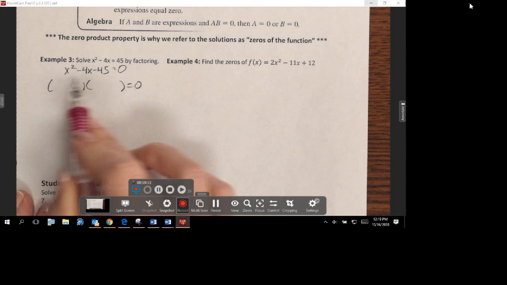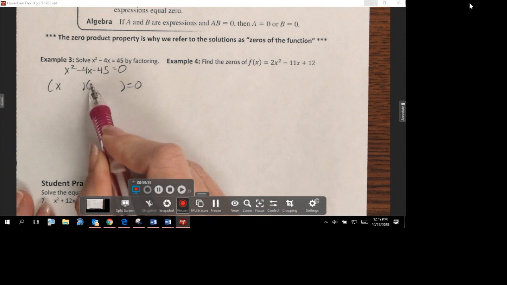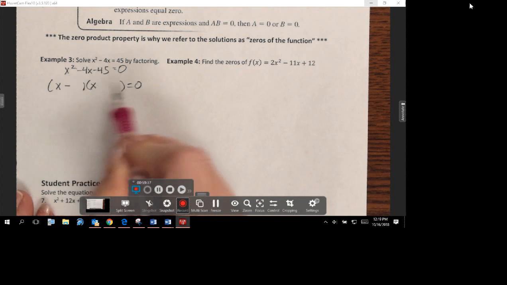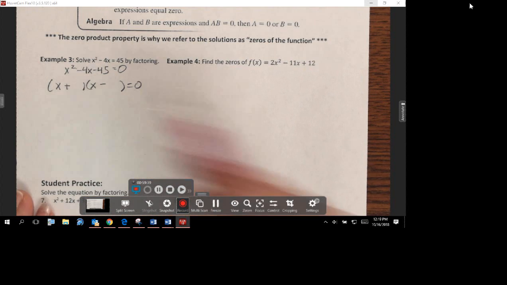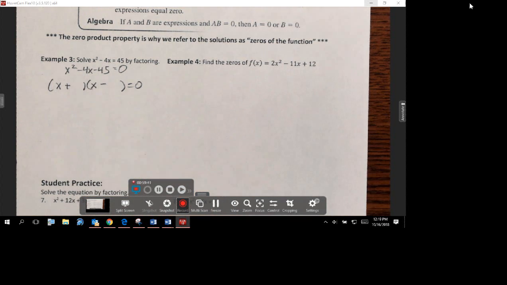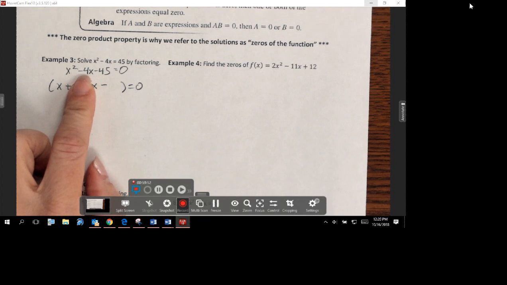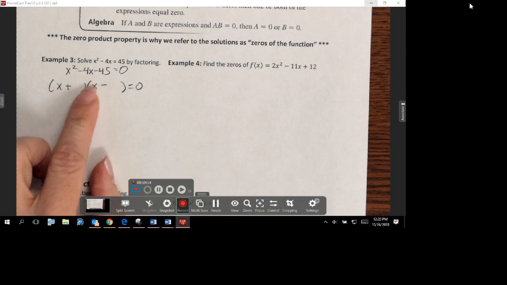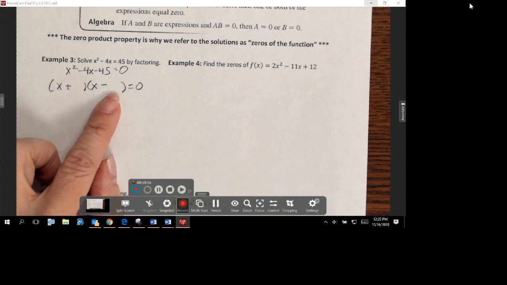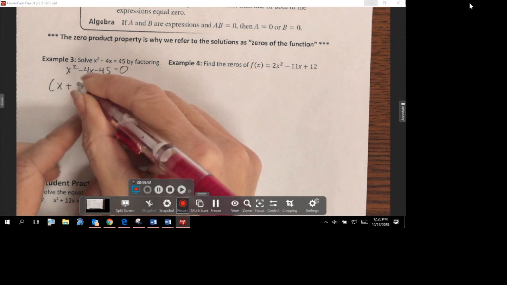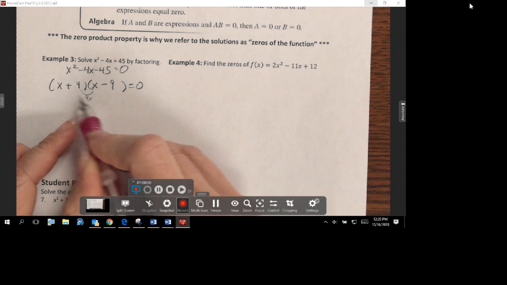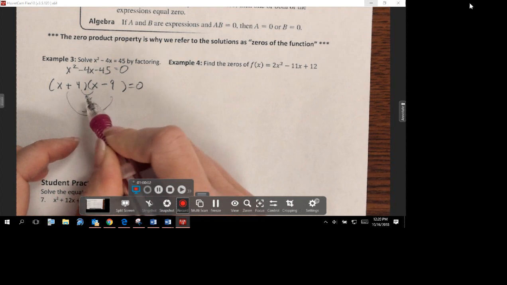There's no greatest common factor. I have an x and an x. Signs, there's going to be 1 plus and 1 minus. What multiplies together to give us minus 45? 9 and 5. Is that going to somehow give me a minus 4? Which one should be negative? The 9. And then you check it. 5x minus 9x, that gives minus 4x. Yep, that works.